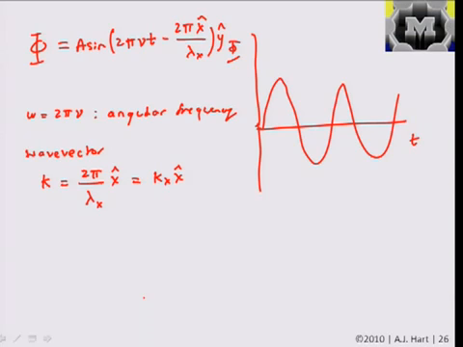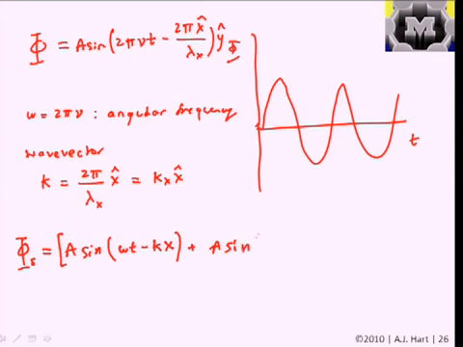So if we take the sum of two of these traveling waves, one going one way in space and the other going the other way, we can say that our phi of a standing wave is equal to our constant A times the sine of omega t minus k x, where now we've substituted omega and k as defined up here, added with a wave moving spatially in the opposite direction, or just omega t plus kx.